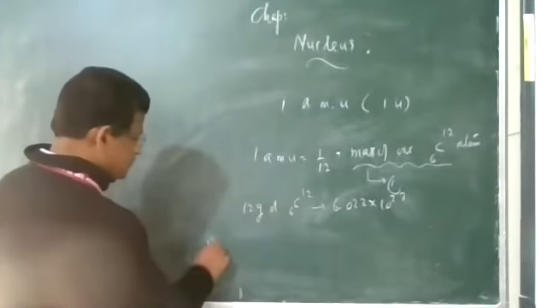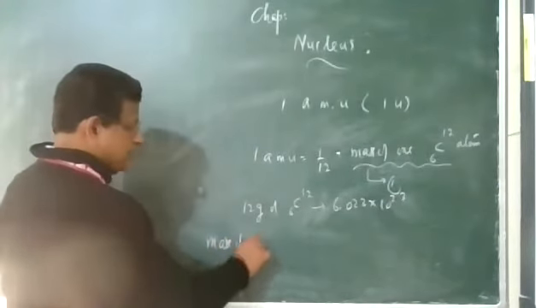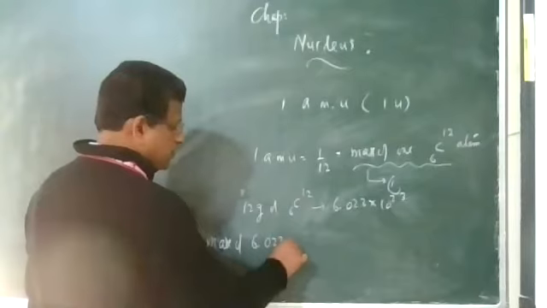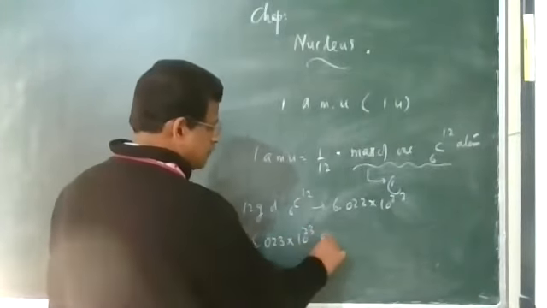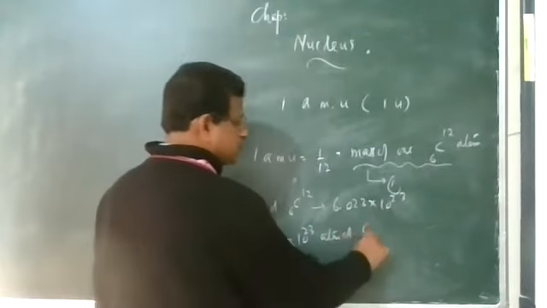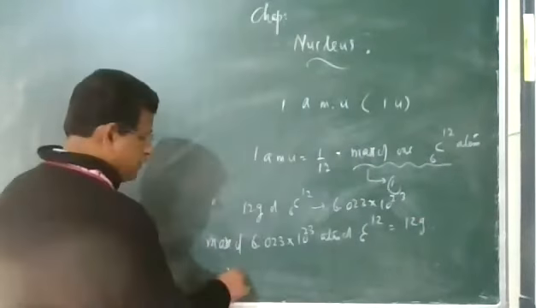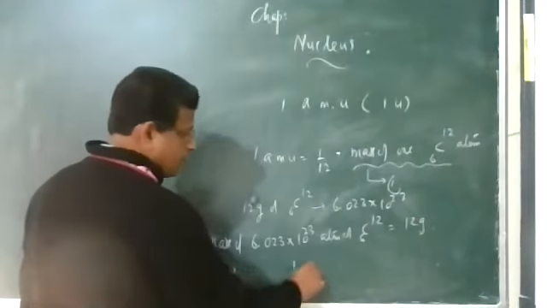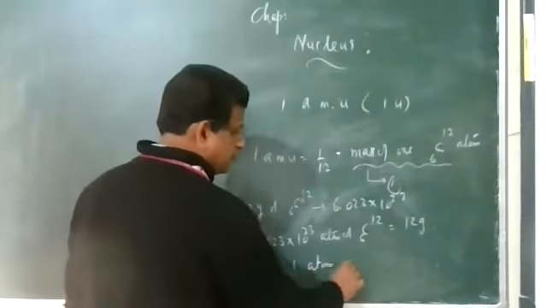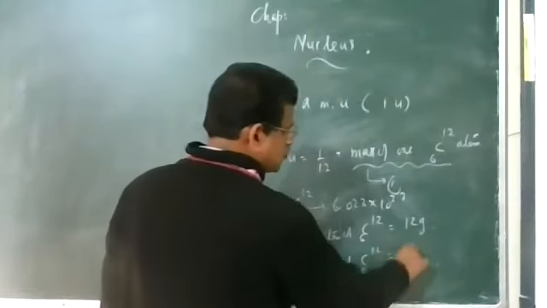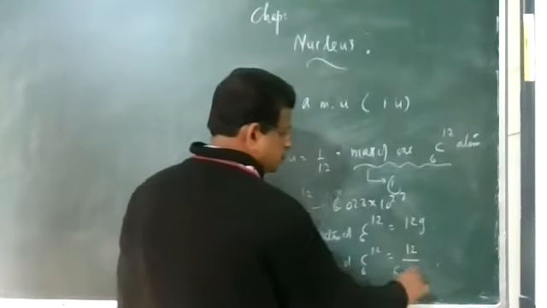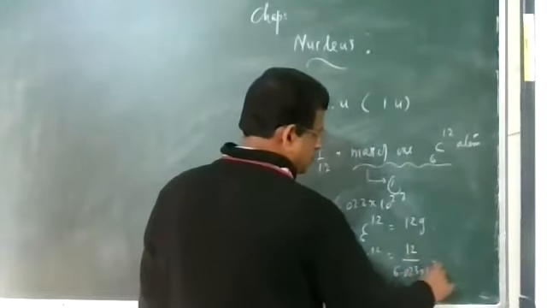That is, the mass of this many atoms of C-12 is 12 grams. Therefore, the mass of one atom of C-12 is 12 divided by 6.023 times 10 to the power 23.